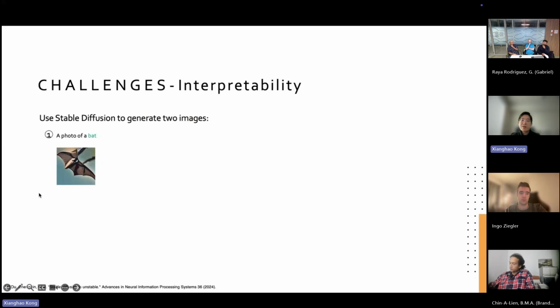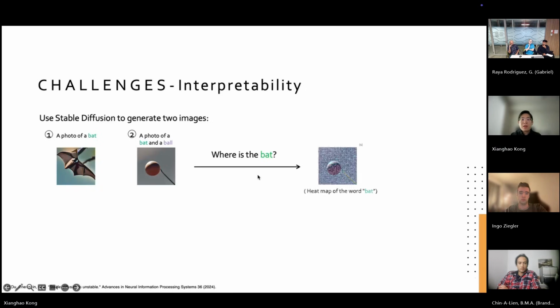No problem, you can generate a bat in the photo. The second image is a photo of a bat and a ball. But something weird happened. The output image only contains the ball, at least to our perception, right? So where is the bat? We don't know.